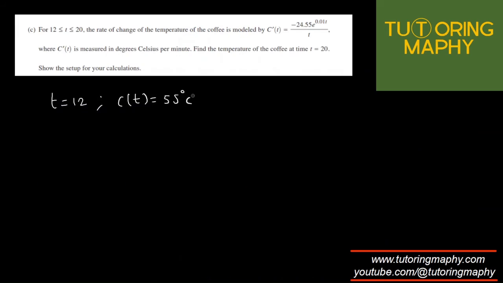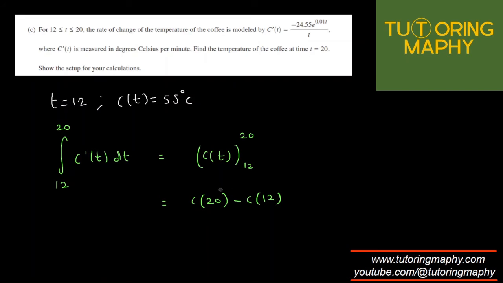So the integral of C prime T dt from 12 to 20 is going to be what? Integration of C prime T is nothing but C of T, so we put the lower bound 12 and the upper bound 20. I'm just using the FTC here. So that's going to be C of 20 minus C of 12. There is no doubt about this because I'm just using the FTC.